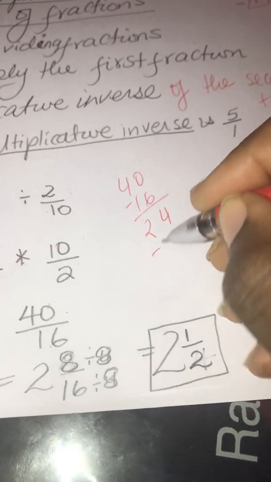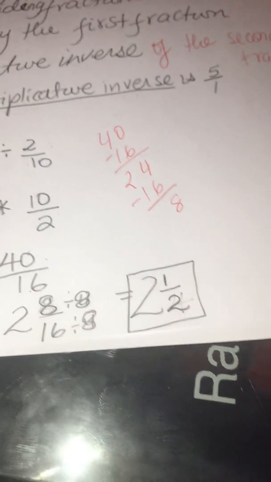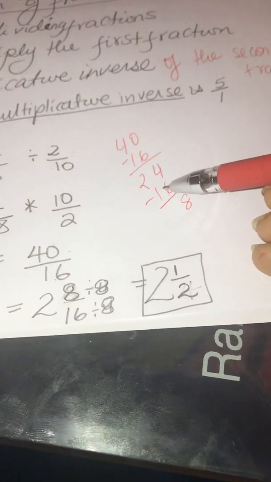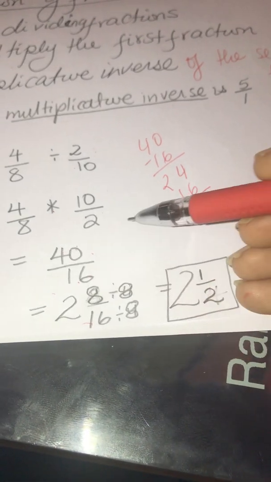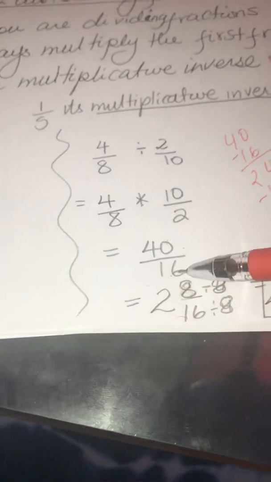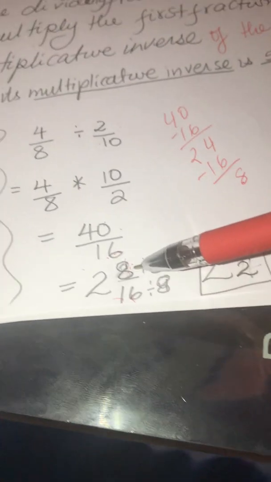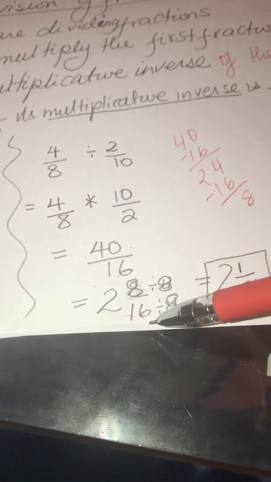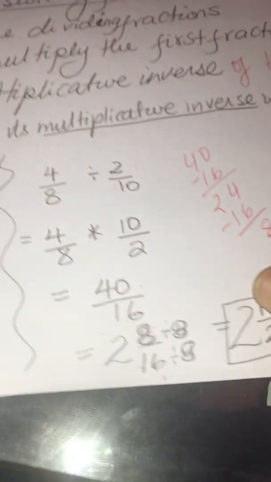I can remove another 16 and I will get 8. So I have 2 16s removed, so that's my whole. 8 is remaining, that's my numerator, and my denominator is 16. Then I simplify my proper fraction. The common factor of 8 and 16 is 8, and that's how I got 2 1/2. Okay?